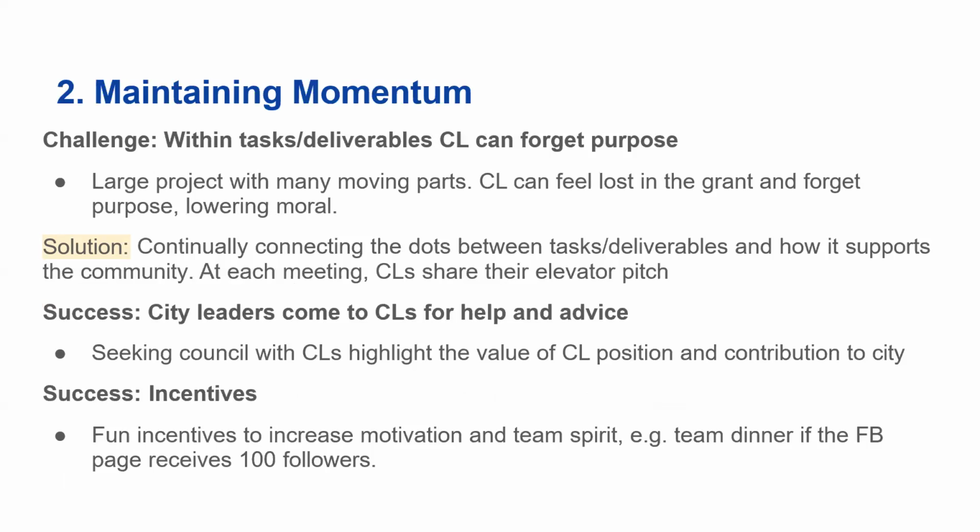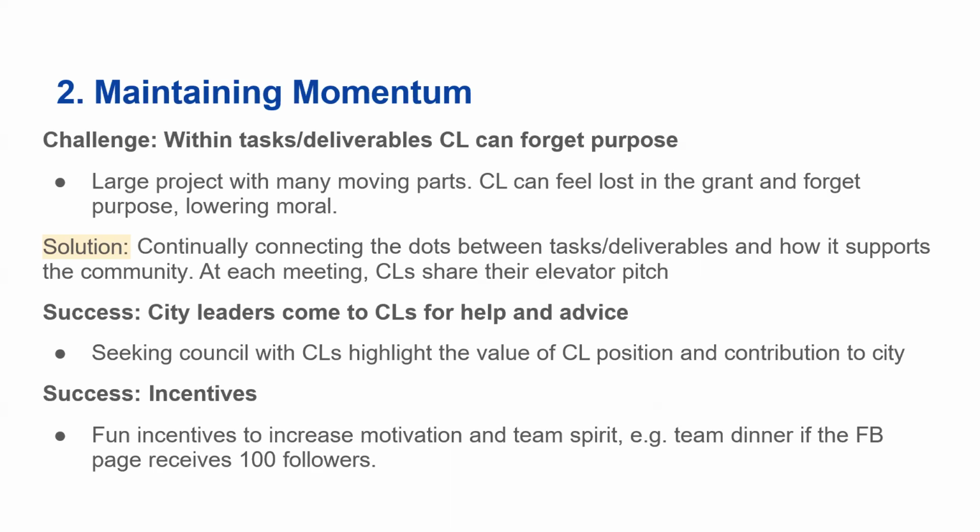And so another challenge that we've seen within this program is that within the day-to-day tasks and deliverables, sometimes liaisons can lose sight of the bigger purpose. And particularly these MVP action grants are quite large with many moving parts. So it's easy to get caught up in the details of the grant, sort of checking the boxes of task done instead of seeing the larger impact.